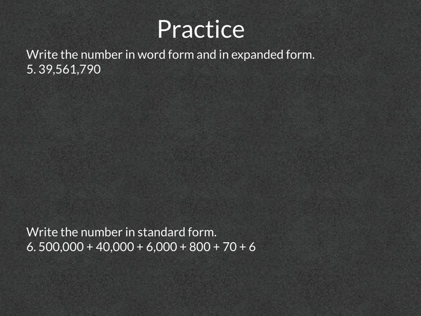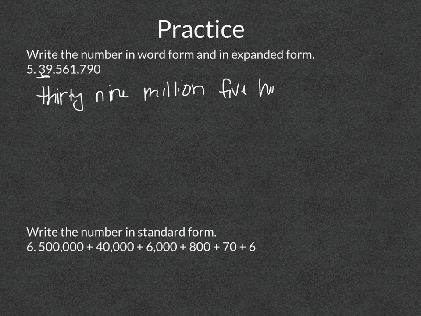Okay, so here's some more practice. We're going to write the number in word form and expanded form. So here we go. This number, which starts here, first we have 39, and that comma is worth million. And then we have 561, 61,000.